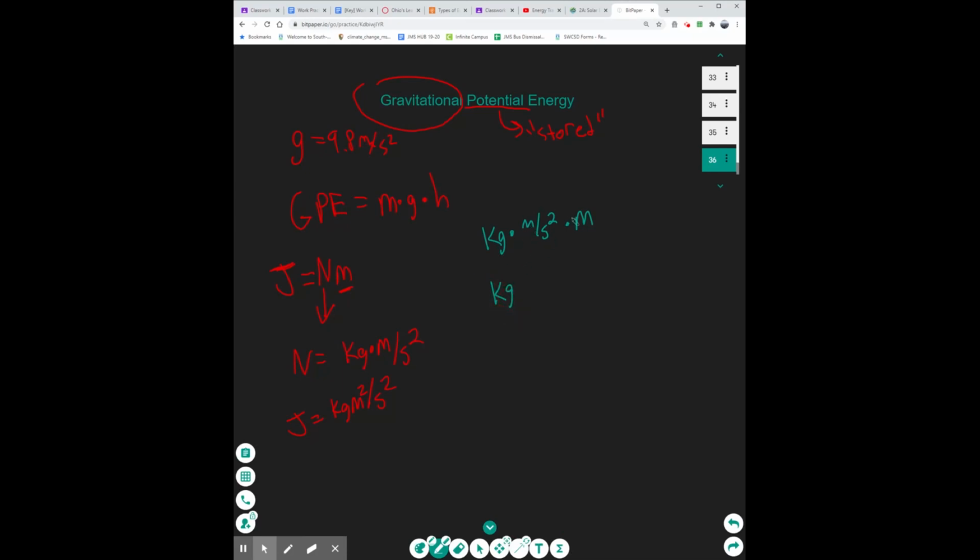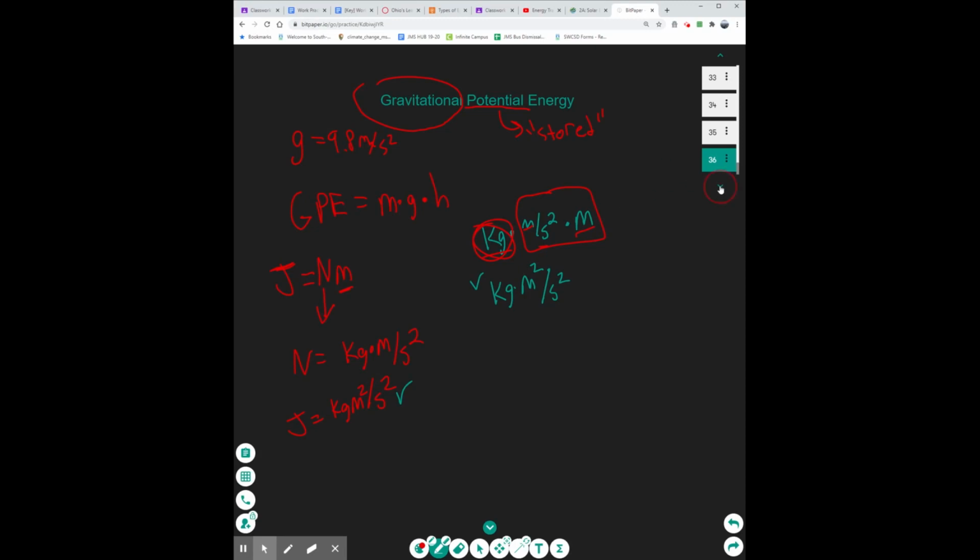Kilograms times meters is meters squared, per second squared. Hey, look, it's the same thing. So the units you need to use for mass, especially, are kilograms. You need to use kilograms, meters, and meters per second squared. The meters part should be pretty easy. It's the kilograms part that people frequently forget.